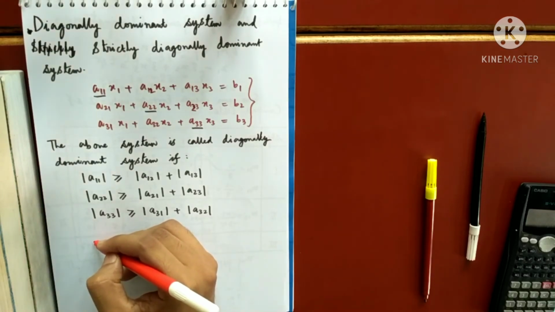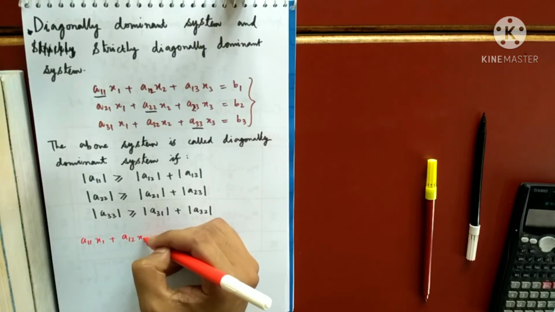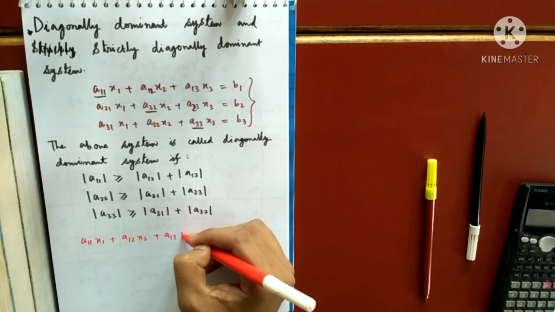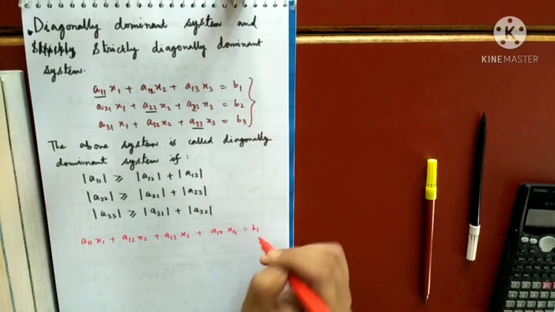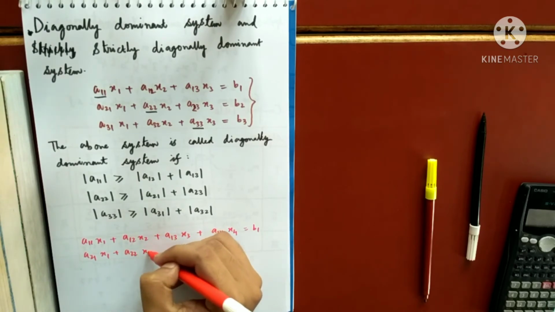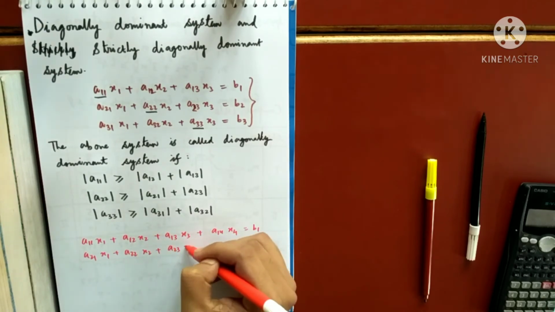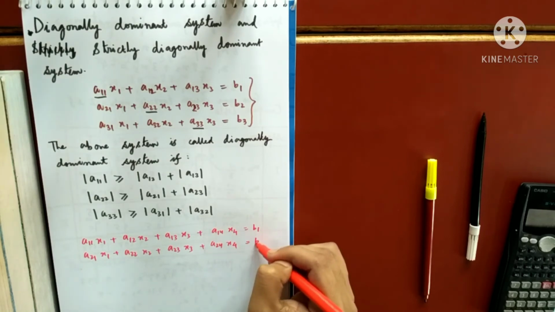So let me write a 4 by 4 system, then again I'll explain. Consider this system: A11 x1, A12 x2, A13 x3, A14 x4 equals, suppose, B1, then A21, A22, A23, A24. I'm just writing the matrix form, okay?